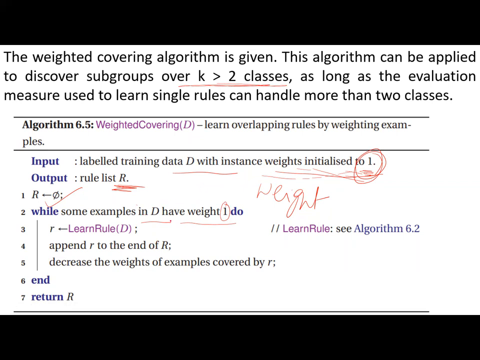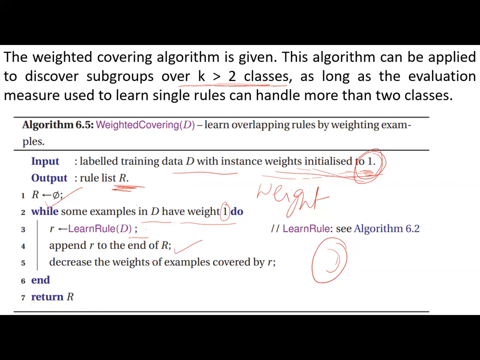Now we apply the learned rule. It takes D and gives us the best rule, which goes into R. We append that R to the rules list.